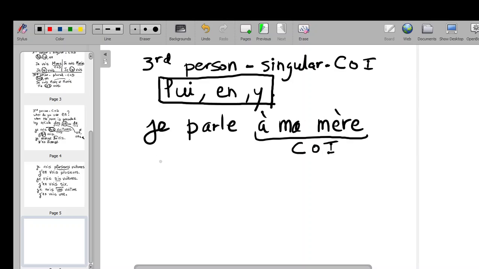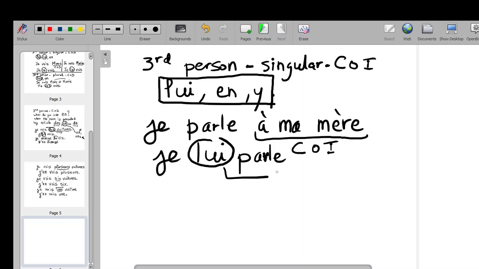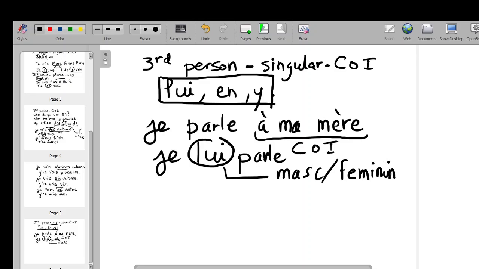So if you want to replace it by a pronoun, je lui parle. So lui is either masculine or feminine. It doesn't change. Je lui parle.